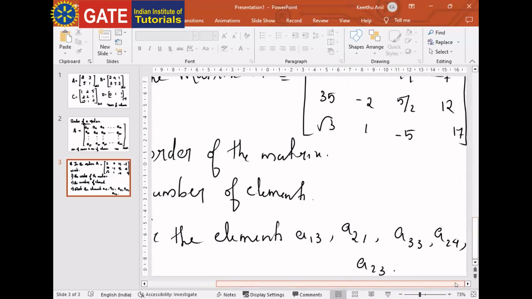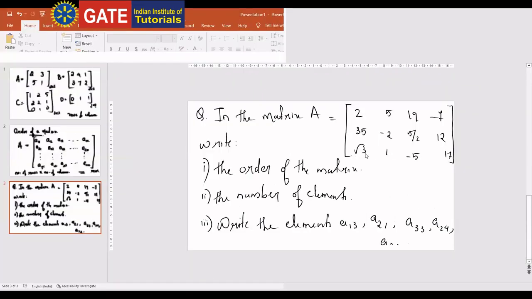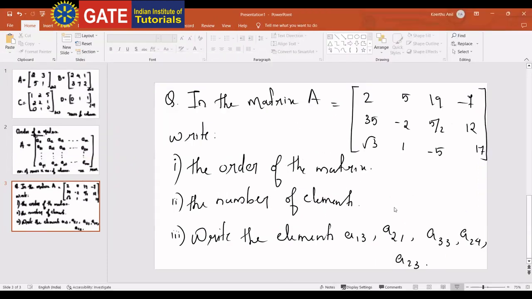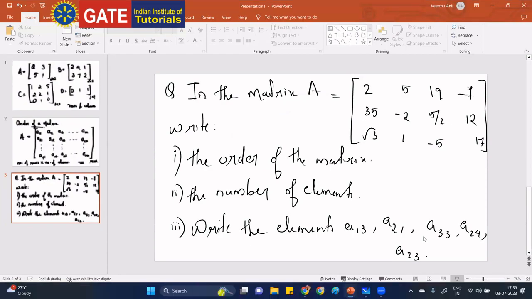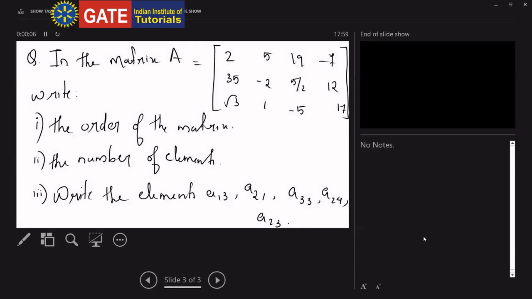You can see it now. It's A13, A21, A33, A24, A23. Can you see now?